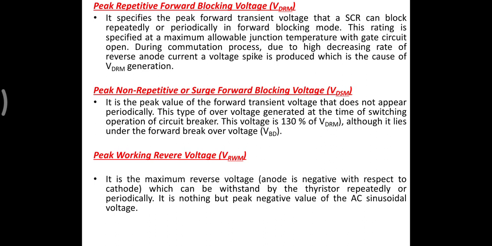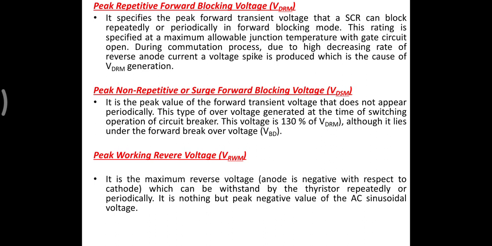These voltages are generally 150 times VDRM. VDRM means the peak repetitive forward blocking voltage. This VDSM means peak non-repetitive or surge forward blocking voltage. So it lies under the forward breakover voltage.